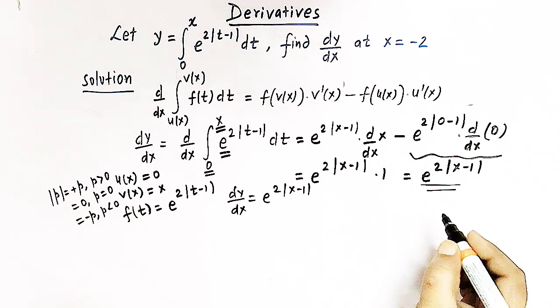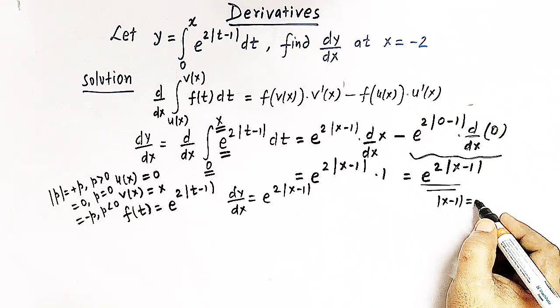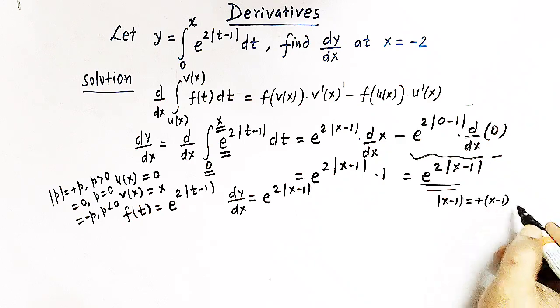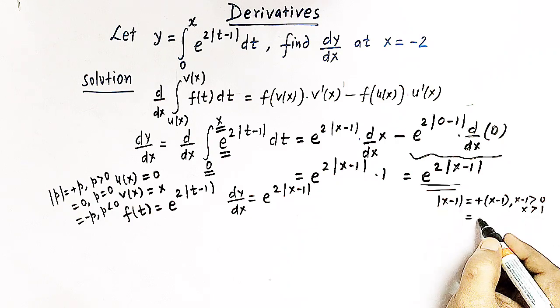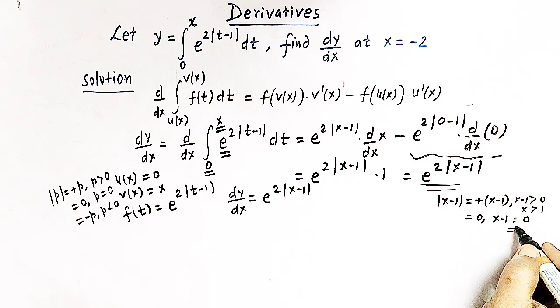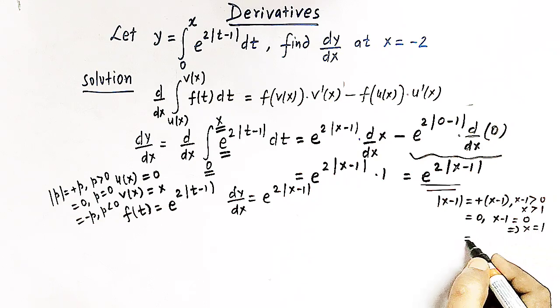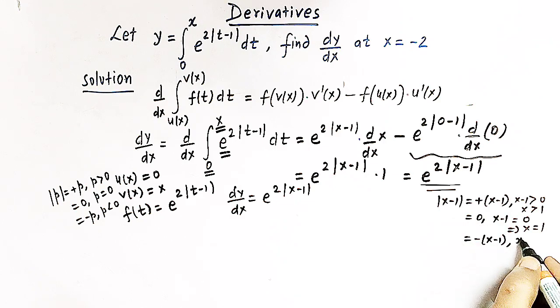So here we have mod of x minus 1, and mod of x minus 1 is positive x minus 1 whenever x minus 1 is greater than 0, or x is greater than 1. Mod of x minus 1 is 0 when x minus 1 is equal to 0, which implies x is equal to 1, and mod of x minus 1 is equal to negative of x minus 1 when x minus 1 is less than 0, that is x is less than 1.